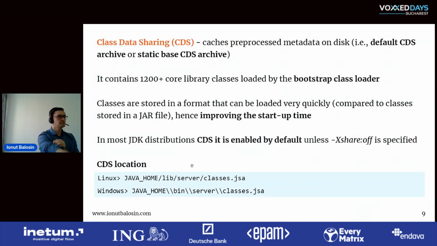I will start by briefly explaining from a historical perspective, because it's always important to understand this in order to better judge for yourself what is bad, what is good and what fits. Basically, this is what class data sharing is. You know, when you start your application, you start with a class path, or if you don't explicitly set it, there is a default class path, and all the dependencies in terms of classes, for example, are loaded from jars.